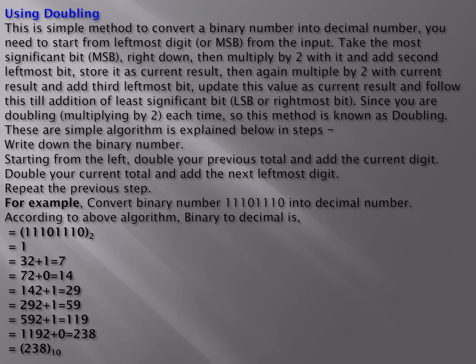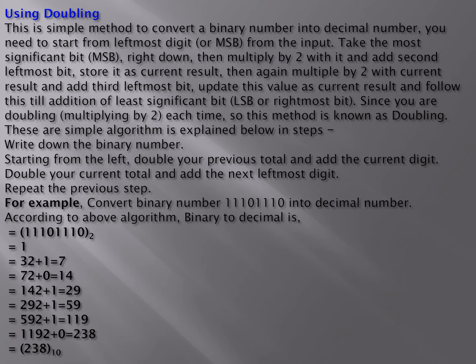Then again multiply the current result by 2 and add the third leftmost bit. Update this value as the current result and follow this until the addition of the least significant bit. Since you are doubling, multiplying by 2 each time, this method is known as doubling. This simple algorithm is explained below in steps.